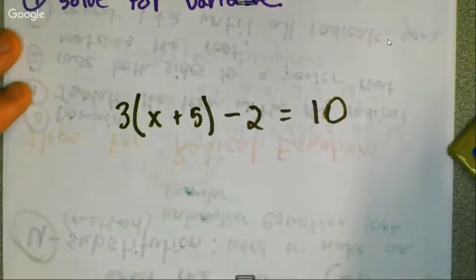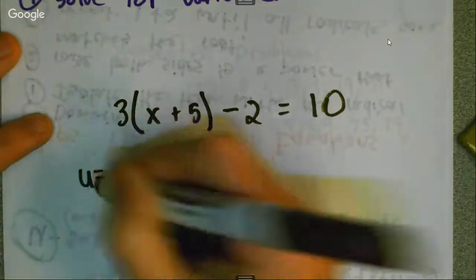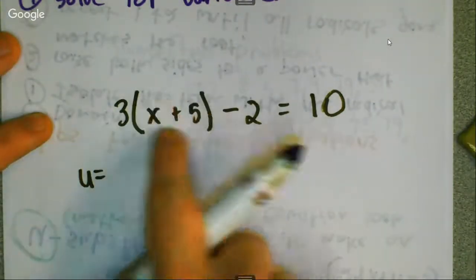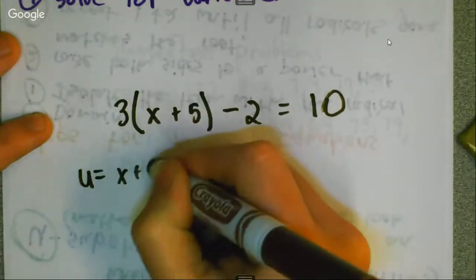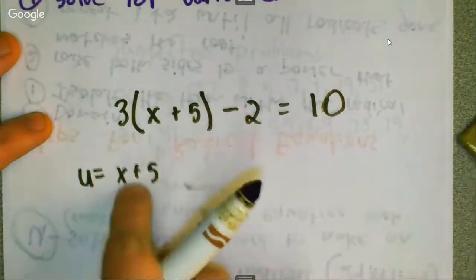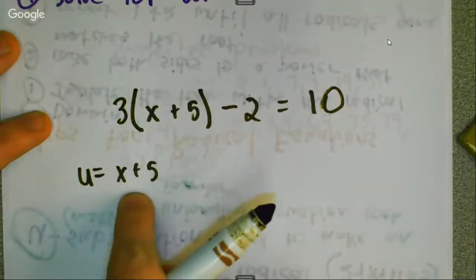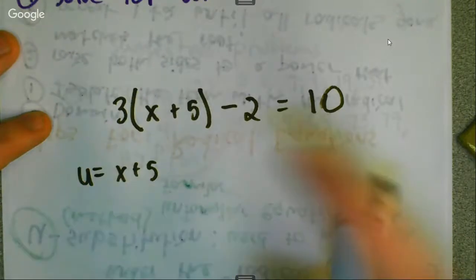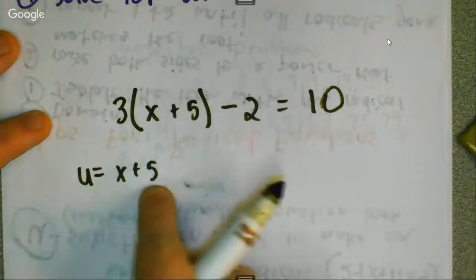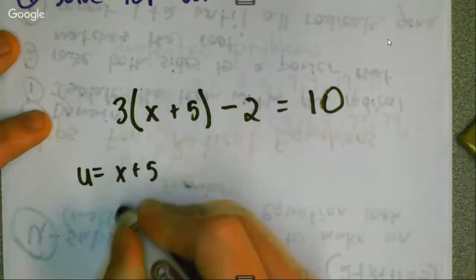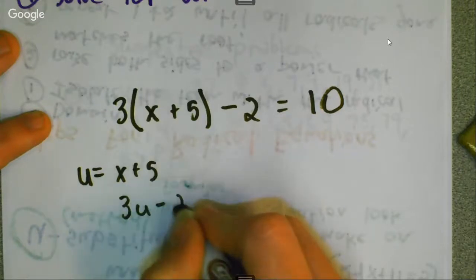Okay, if I want to use u substitution with this, I'll say u equals, and let's say I want to take this out, x plus 5. Okay, you will have your variable in it. So you've got to take the variable out at least. So then we're going to take u and plug it in for that. So we'll say 3u minus 2 equals 10.